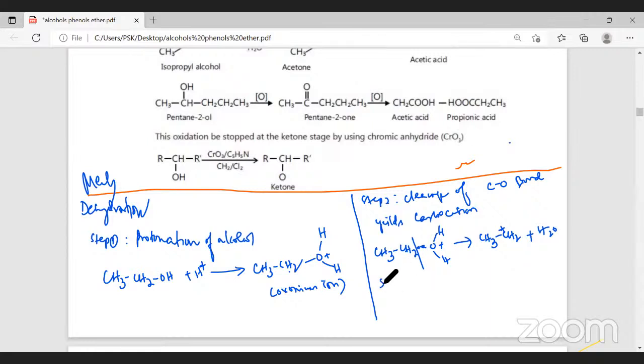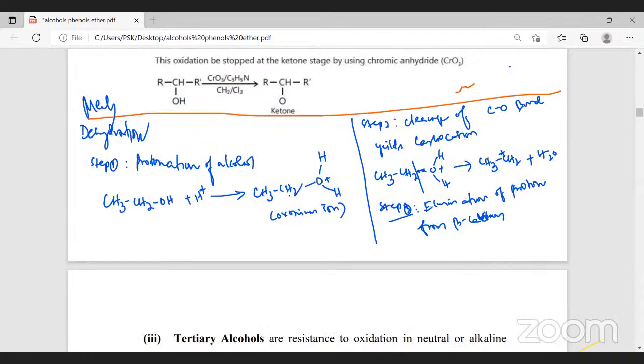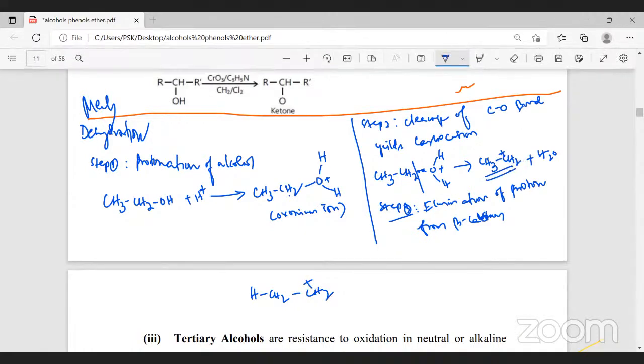Step 3. Elimination of proton from beta carbon. What is this elimination of proton? I write it like this: H, CH2, single bond, CH2 plus. This is nothing but the carbocation.